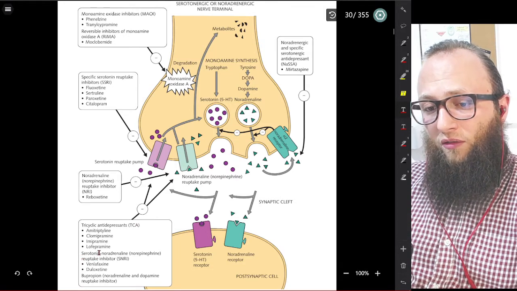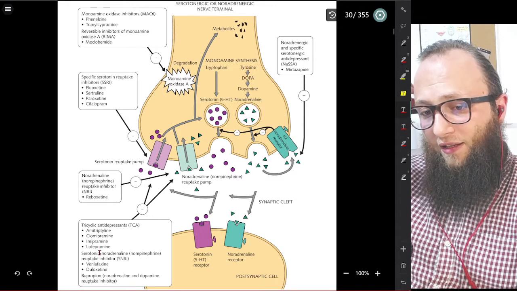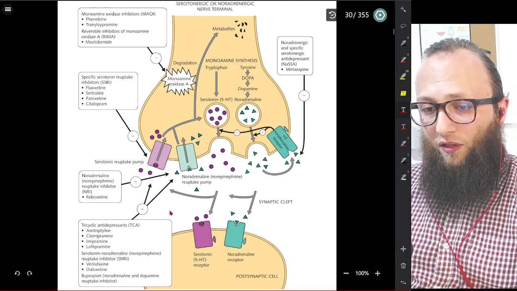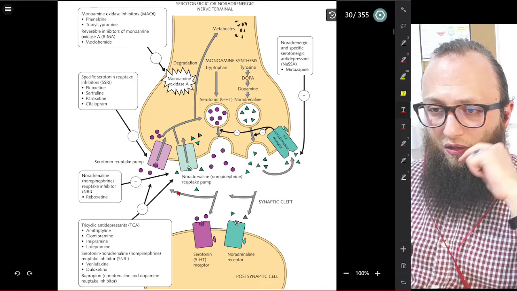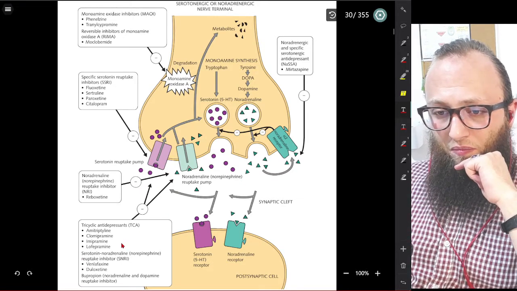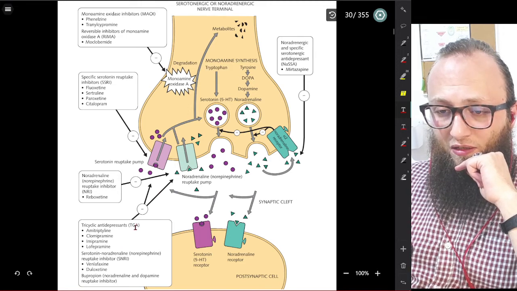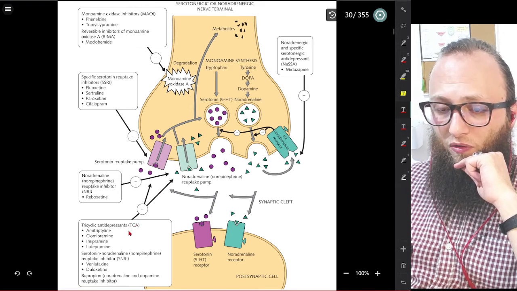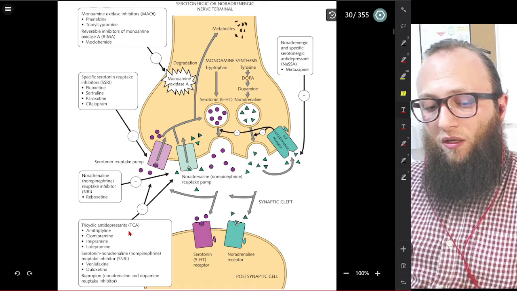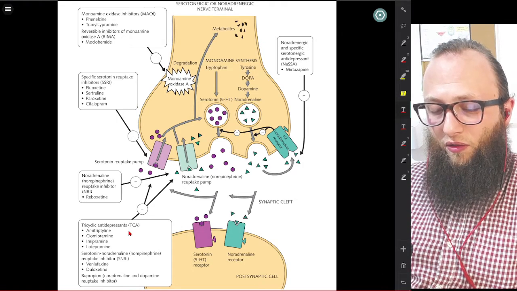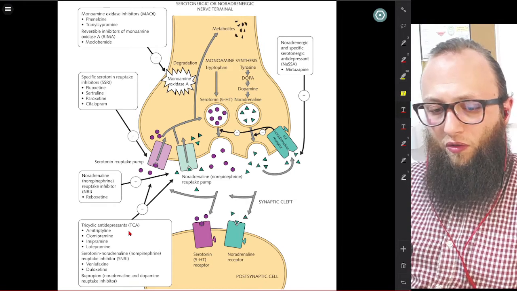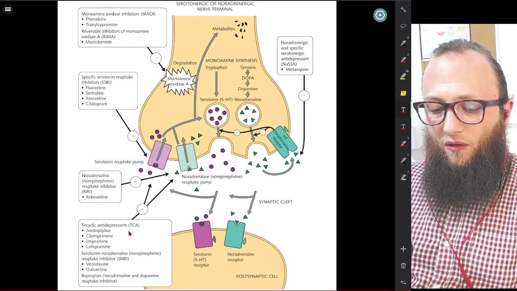Serotonin norepinephrine reuptake inhibitors, SNRIs, like venlafaxine and duloxetine, work the same way here. We are talking about the therapeutic effect, but of course tricyclics have a lot more side effects because they work also on other binding sites like muscarinic and noradrenergic binding sites. We will go through these things later on.